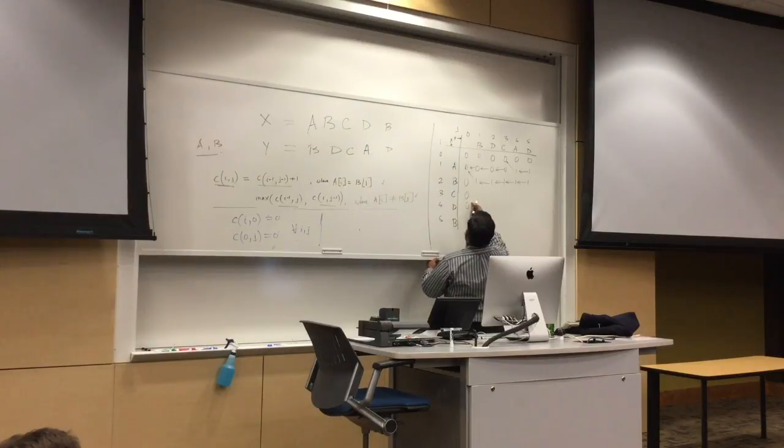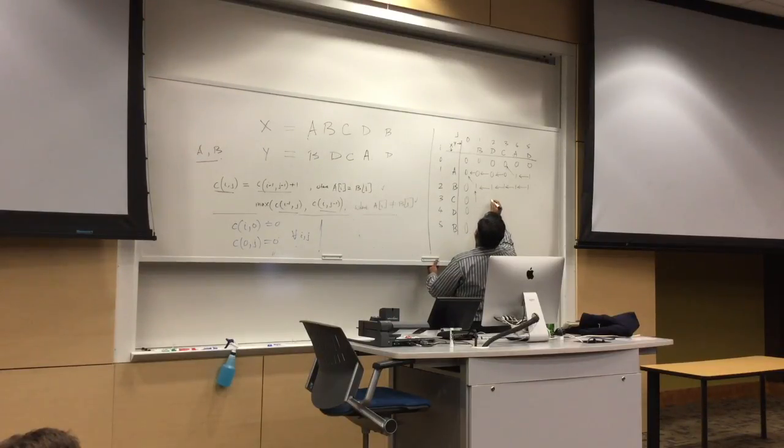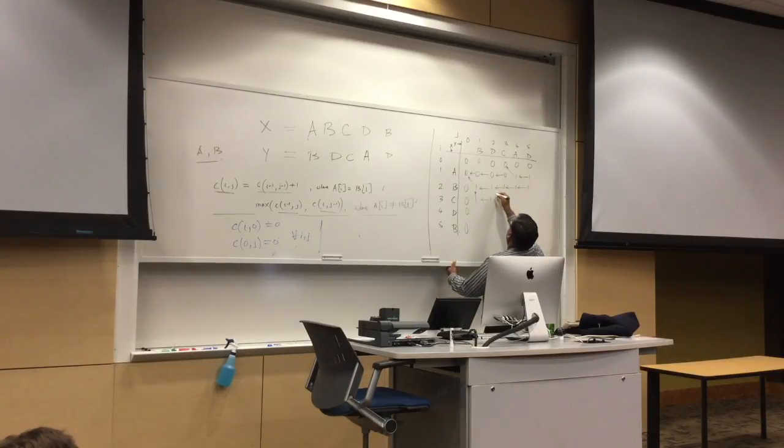What about this row? C and B. You got 1, and it's coming from here. And then you got C and D. 1 coming from here. Then you got 2 because C and C. That's coming from here. You got 2.